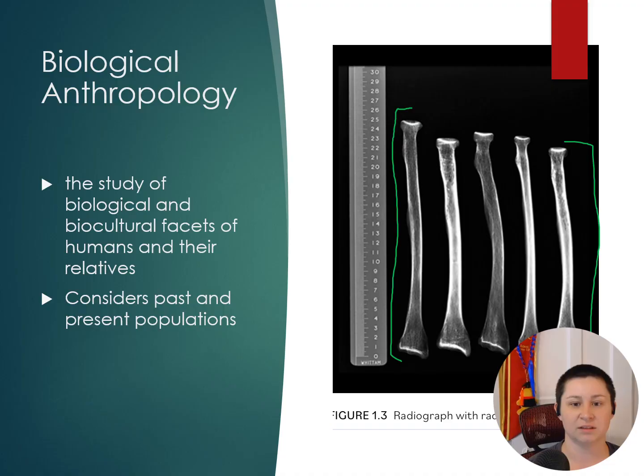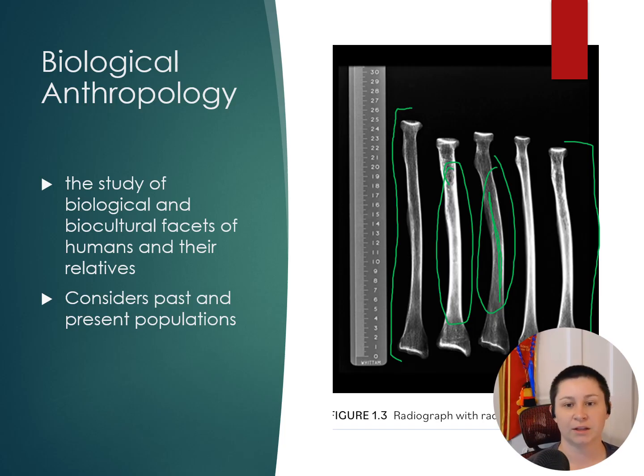So because this one is much whiter than, say, this one, this person has much higher bone density than this person. So that could mean this is an older individual, or they just have less dense bone for whatever reason. So biological anthropology is interested in differences like that.